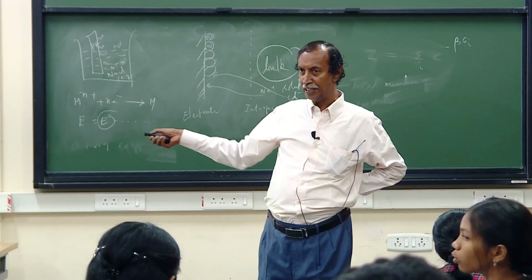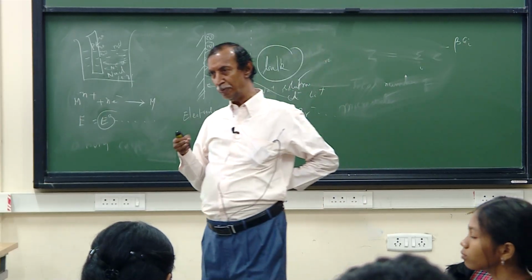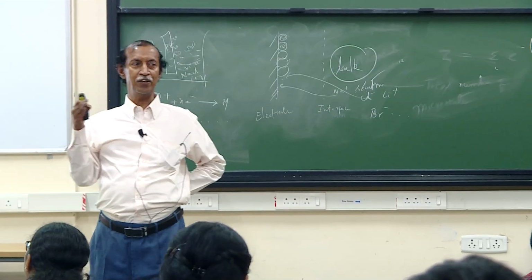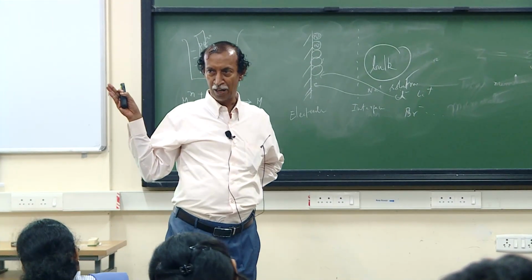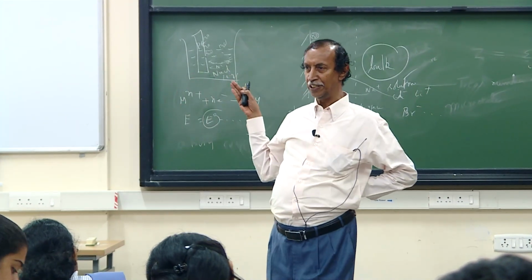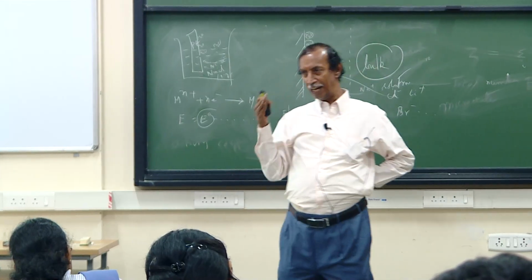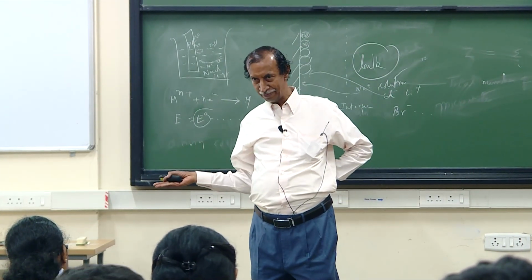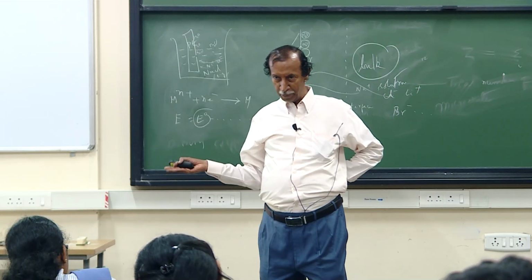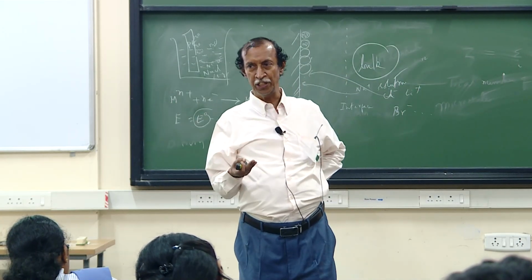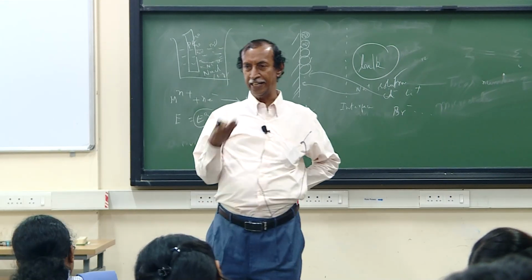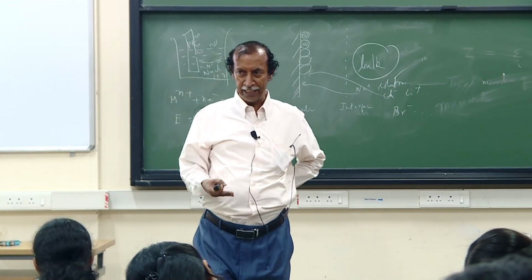What does the Tafel equation tell? It gives the relation between current and potential for any electrochemical reaction. That's all. The Tafel equation is nothing but a relation governing current and applied potential. When you want to devise a new battery, you would like to know the efficiency: how much current I can get, how much power, how much energy.